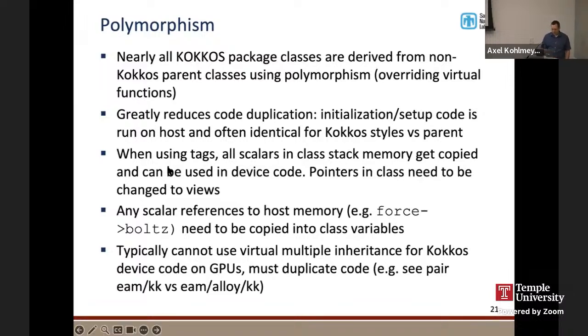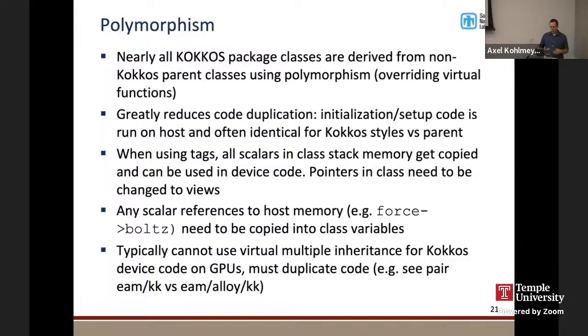Another thing to keep in mind is that any scalar that references host memory, like a constant such as the Boltzmann constant, has to be copied into a class variable, because otherwise you're using a pointer, and this pointer is pointing to CPU memory. You just need to make a copy into the class, and then it will be copied up with this class in the device code in stack memory.